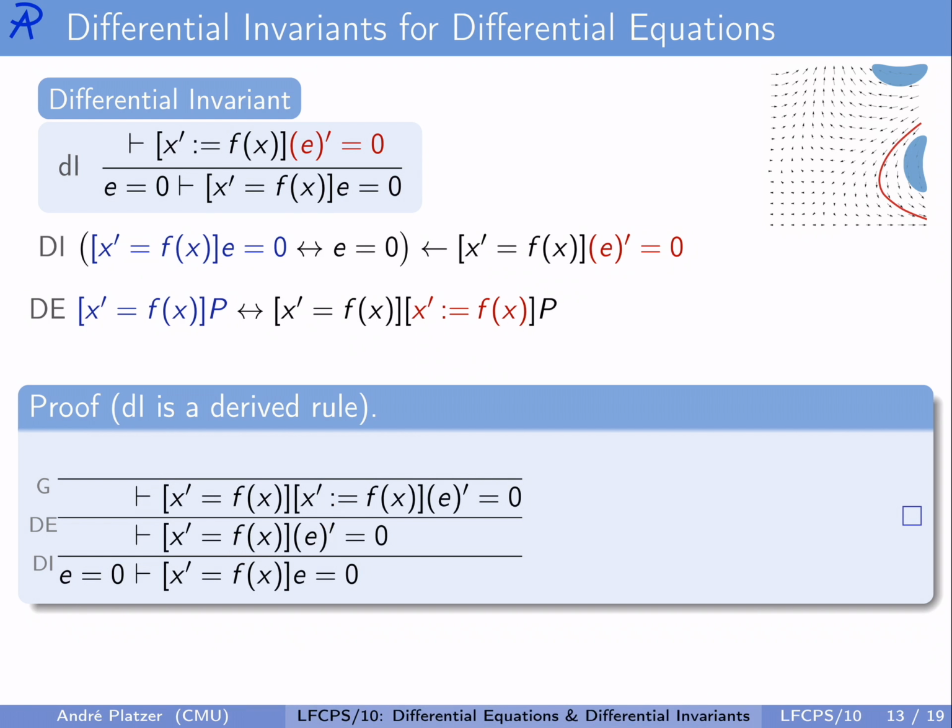Then we use Gödel's generalization proof rule to say one way of proving a property of a differential equation, and in fact, one way of proving a property of any box of a hybrid program is to just prove the darn post condition. We're doing that now by the Gödel's generalization proof rule. Remember what we did with loops? We had the loop iteration axiom, which reduced one property of a loop to another simpler property of a loop.